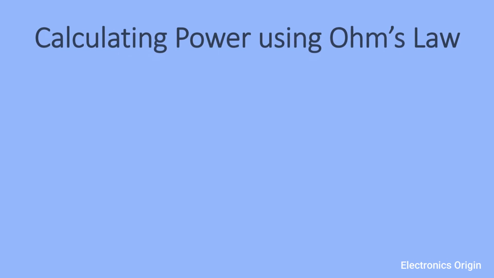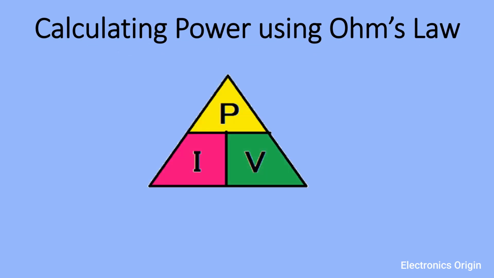What is a power triangle? The power triangle can be employed to determine the value of electric power, voltage and current when the values of the other two parameters are given to us. In the power triangle, the power, P, is on the top and current, I, and voltage, V, are at the bottom.